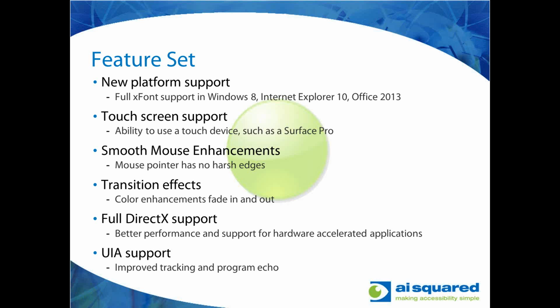A lot of those are hardware-intensive, and when you're running ZoomText in older versions, that hardware couldn't be utilized when ZoomText is running. Now, in ZoomText 10.1 for Windows 8, that is no longer the case. And we've also added some improved tracking and program echo support thanks to a new technology called UIA.